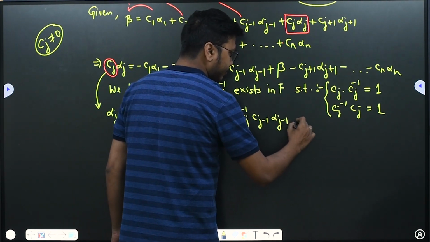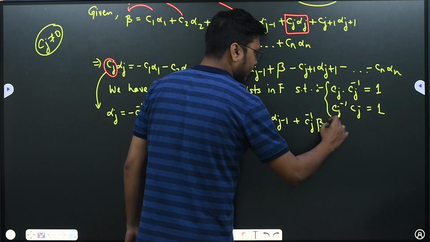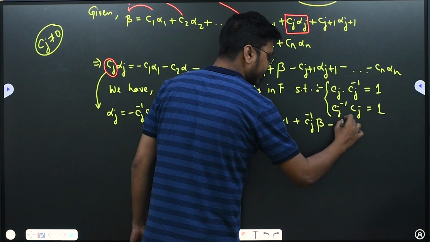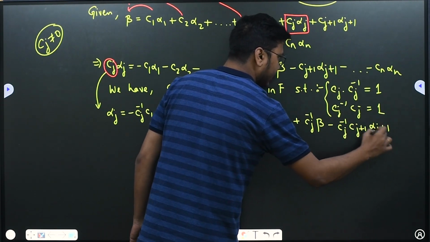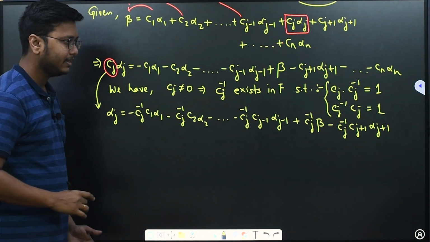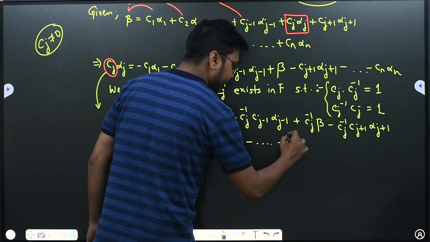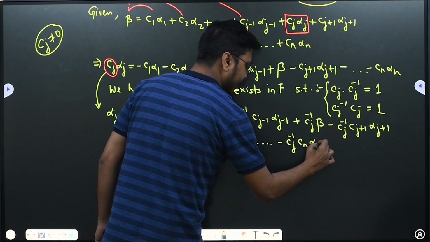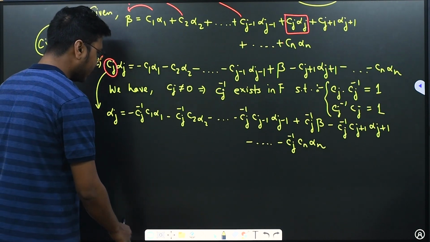Then I have the beta element, so plus cj inverse beta, minus cj inverse cj plus 1 alpha j plus 1, and like this it would go on up till the nth element, so minus dot dot cj inverse cn alpha n. Okay, so I multiplied cj inverse with all the elements.